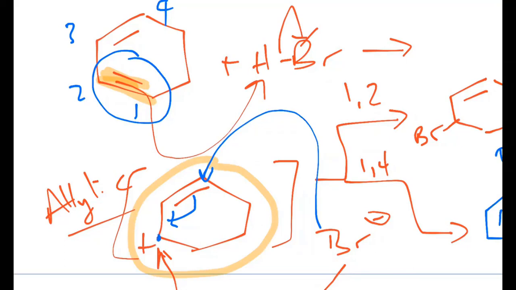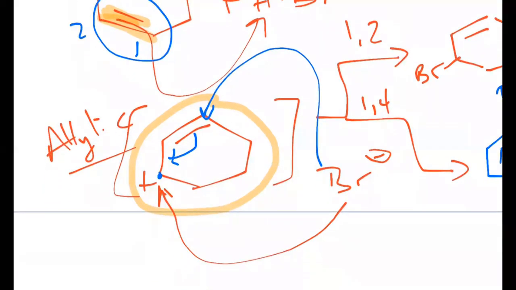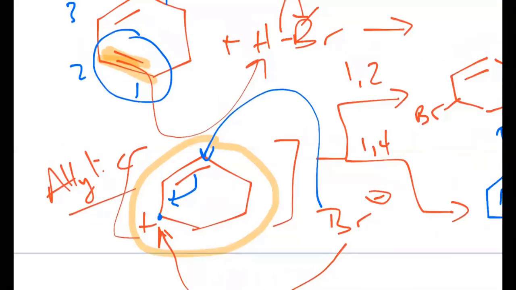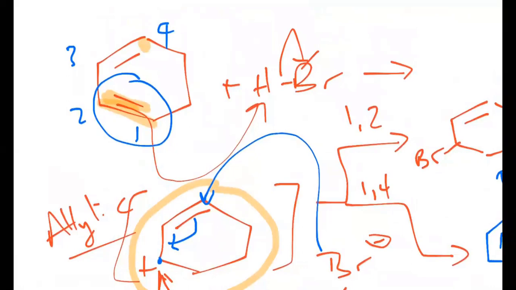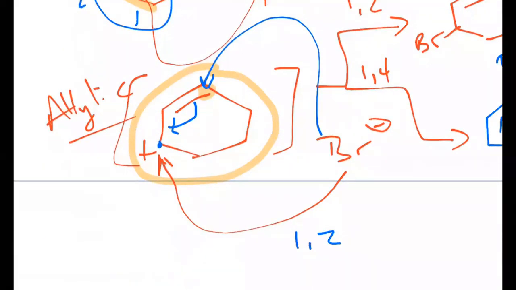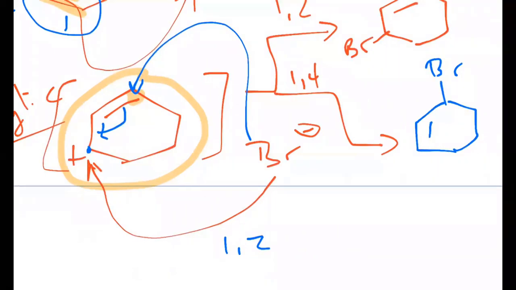So when the bromine attacks there, that becomes my 1,2 product. And then when the bromine attacks at the other side, at carbon 4, can you see that? You see how this carbon right here is carbon 4? And right here is the same carbon. So when bromine attacks there, that's where I get my 1,4 product from. Okay, I understand. Thank you.